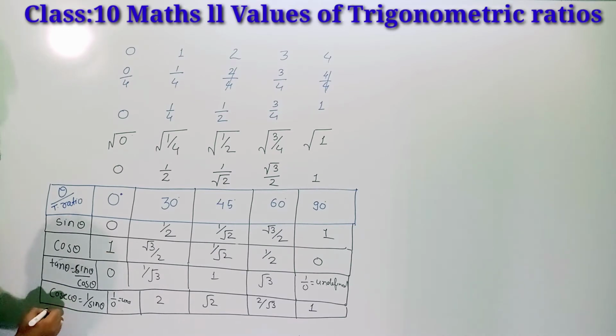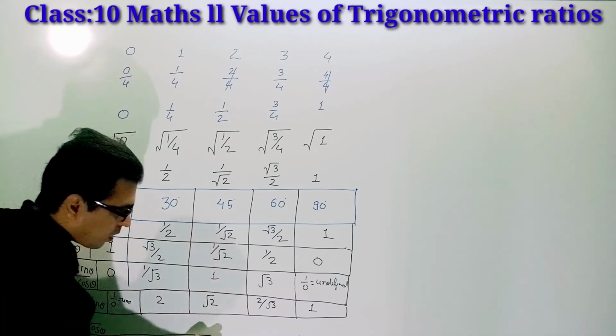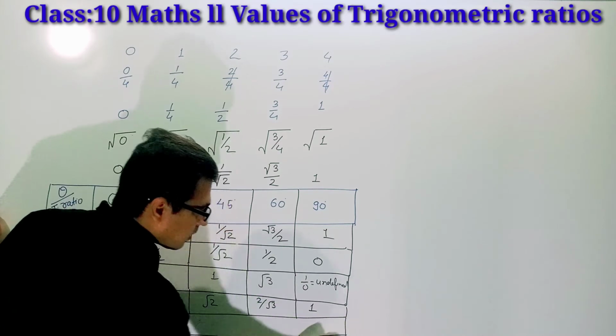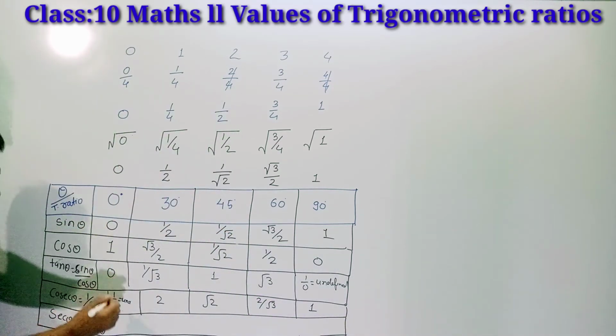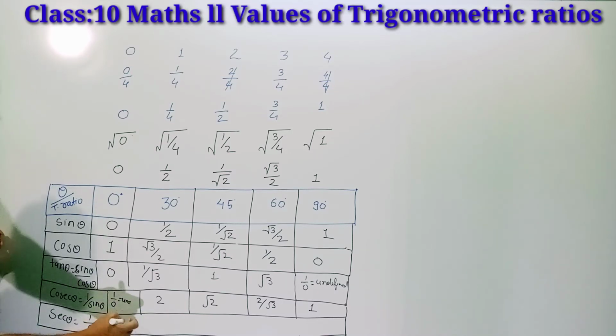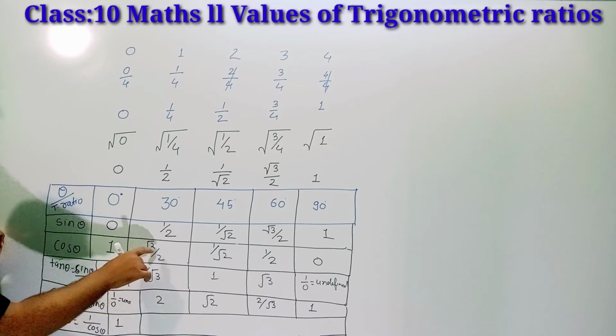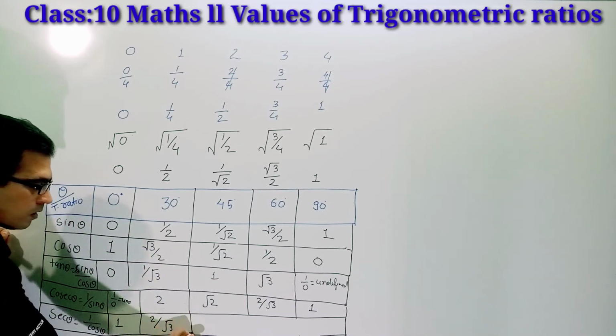Then you can find out sec theta. Sec is the reciprocal of cos theta. So the reciprocal of 1 is 1. The reciprocal of root 3 by 2 is 2 by root 3.